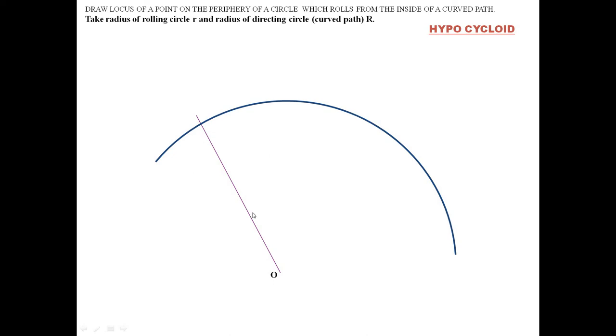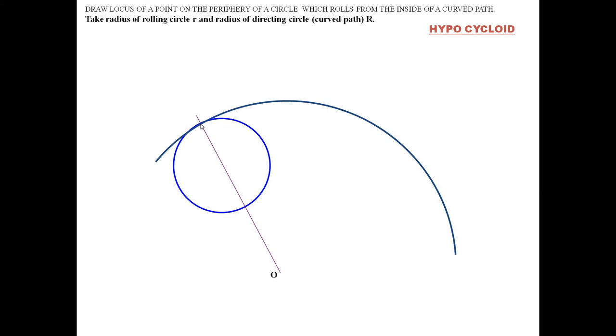Then on this radial line we'll take a point at radius r and mark the center of the circle, and with this center and the radius of the rolling circle, we'll draw this circle.